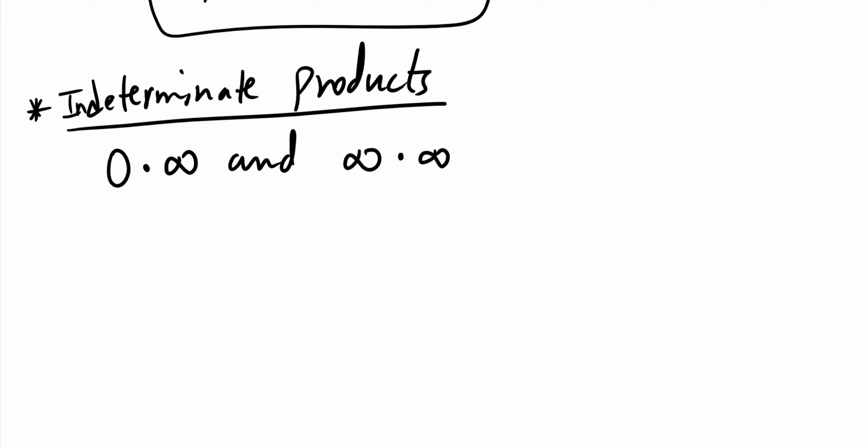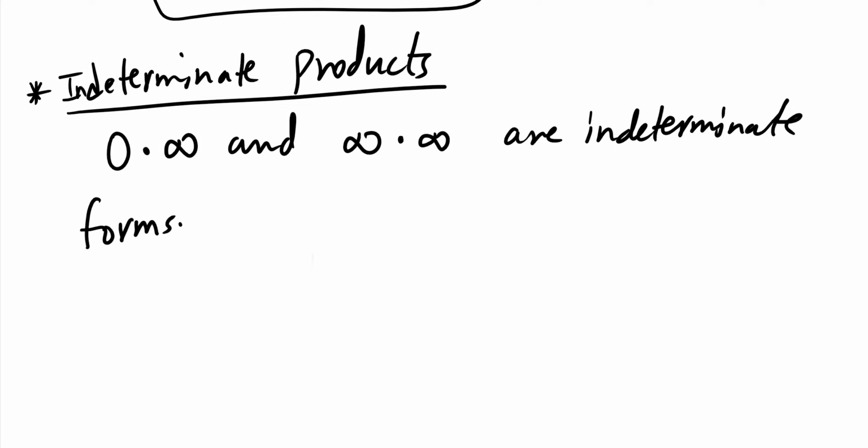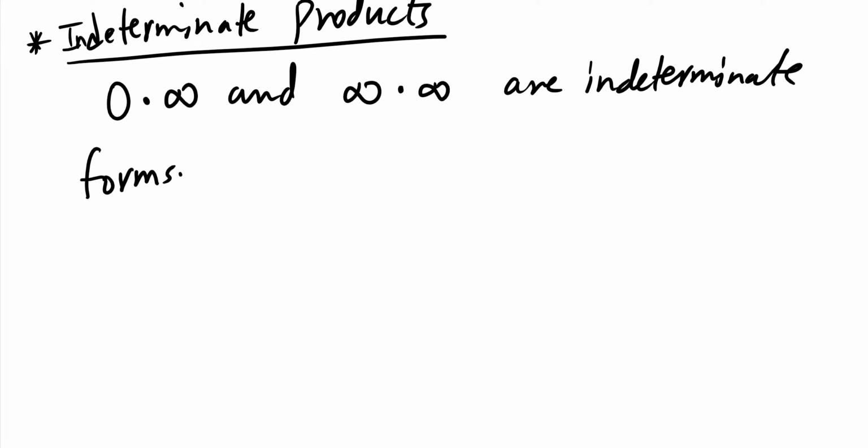These two forms are indeterminate, as mathematicians agree to classify them this way. So when it comes to an indeterminate form like this, I'm working with a function times another function. That's where we get 0 times infinity or infinity times infinity. And the trick around this is to rewrite it first.